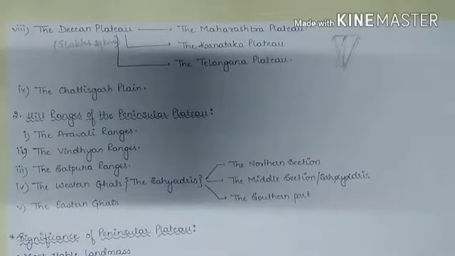The major rivers in this area are Mahanadi, Godavari, Krishna, and Kaveri. All these four rivers are the major rivers here. Now these rivers have further subdivided this plateau into a number of smaller plateaus. So we have three plateaus. First is Maharashtra Plateau, then Karnataka Plateau, and lastly Telangana Plateau.